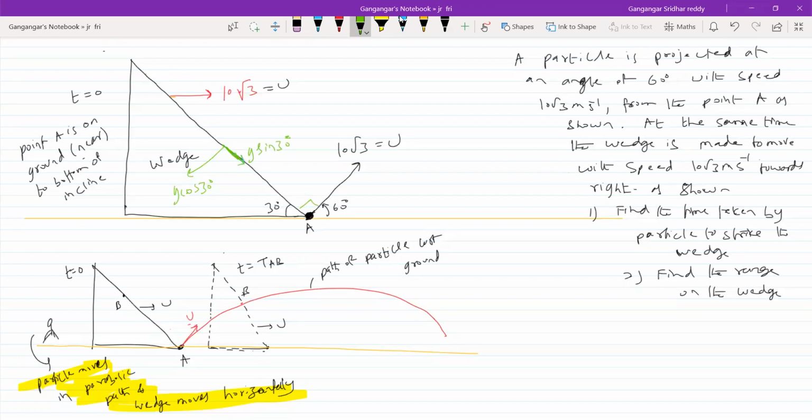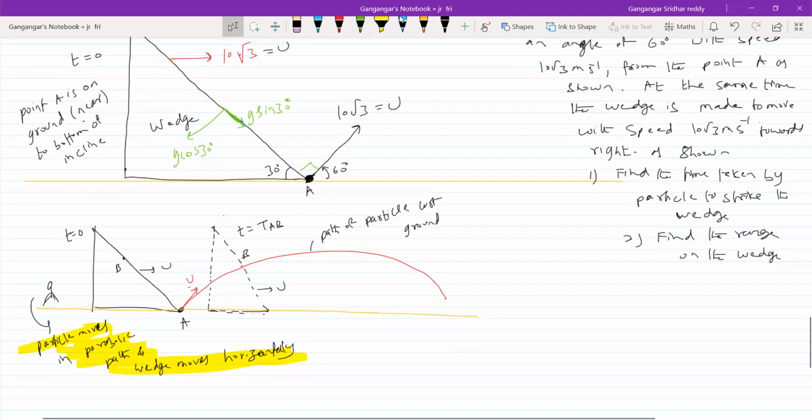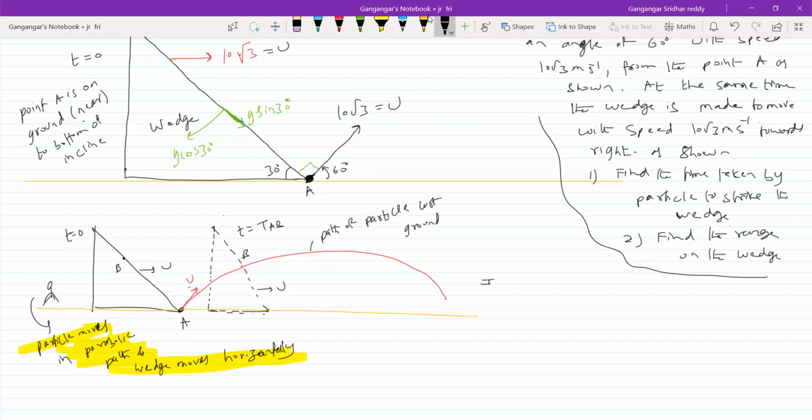So when the particle moves in the wedge frame, I'm directly jumping to the wedge frame, in the moving wedge frame, finally it will strike at B, no?